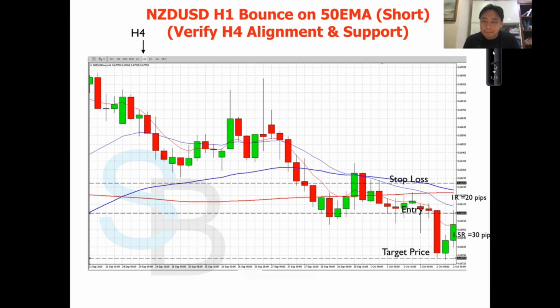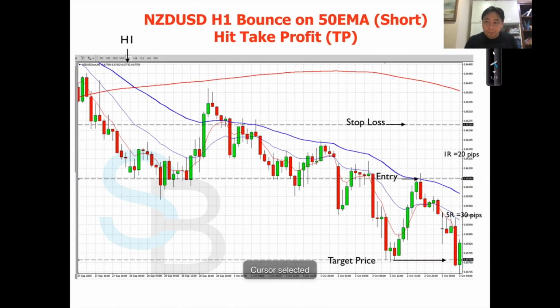So my entry is there, stop loss is there, profit target is there. Let's see what happened at the end of the day. Perfect trade, right? The price went up to the 50, penetrated a bit, and then boom, hit the profit target in about 10 hours. Essentially that's how I trade the bounce on the H1 time frame, double checking on the H4 alignment.